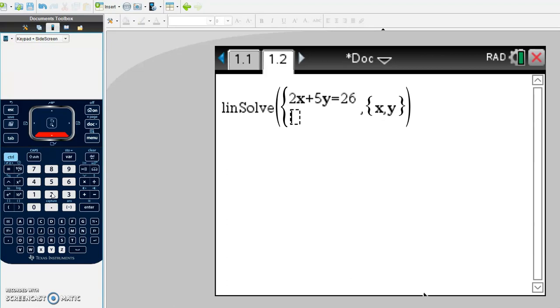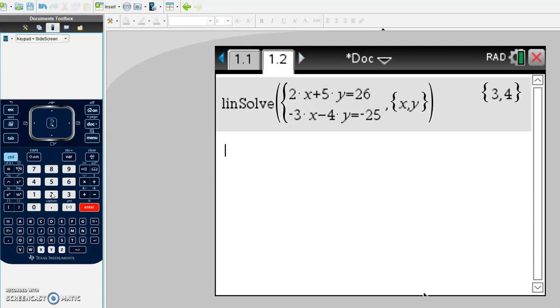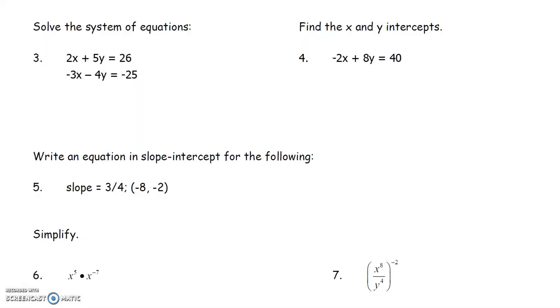And then I arrow down and put my next equation, -3x minus 4y equals -25. And then I hit enter. And so my correct answer then, remember this is a coordinate, so we're going to write it as (3, 4) with parentheses, not the braces, guys, okay? It's with parentheses.